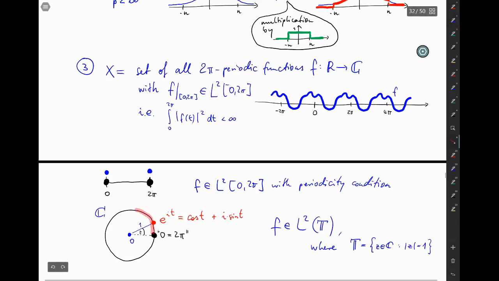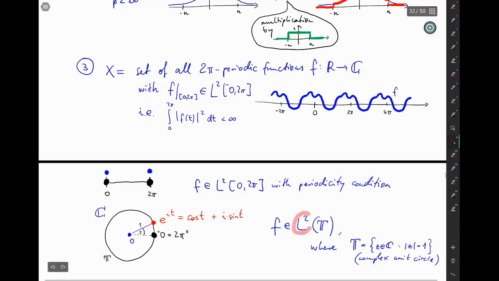So it's the complex unit circle. Okay, so that's what I mean by putting this periodicity condition, which was originally a condition on the function f, into the geometry. So we make the domain periodic, and thereby we can forget about this condition.